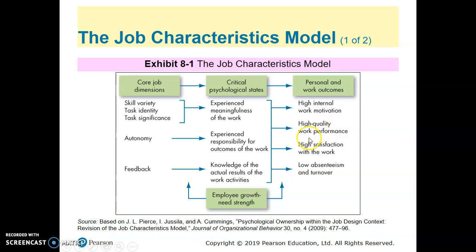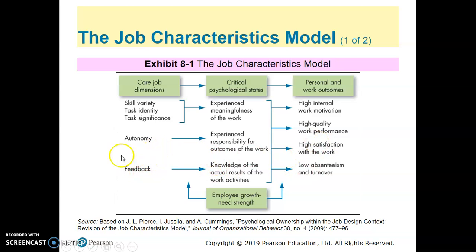So of course, they will try their best. This will in effect cause high performance, and they will also feel more satisfaction because if you have been given freedom, given empowerment, you are not rigidly supervised, you feel like you've been trusted by the organization, by the manager. This can increase your job satisfaction in the organization.